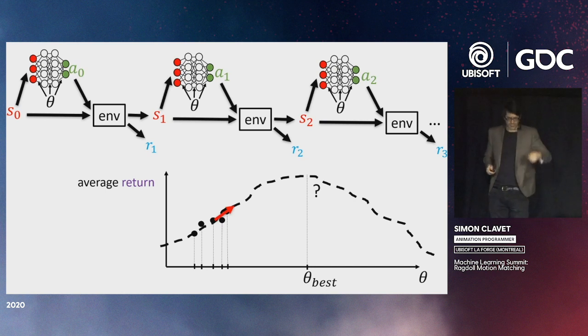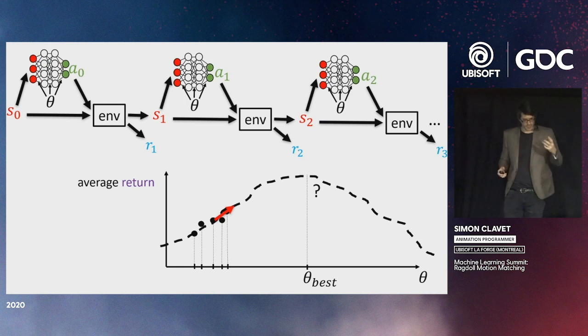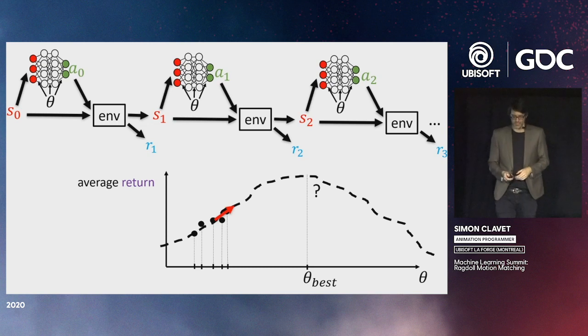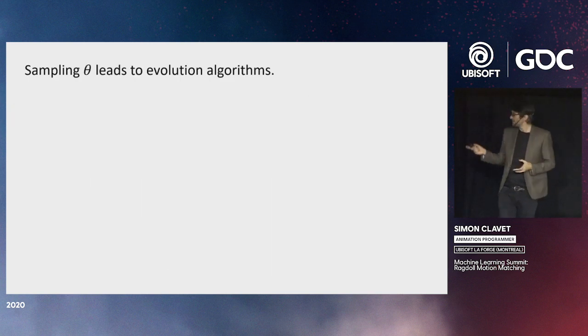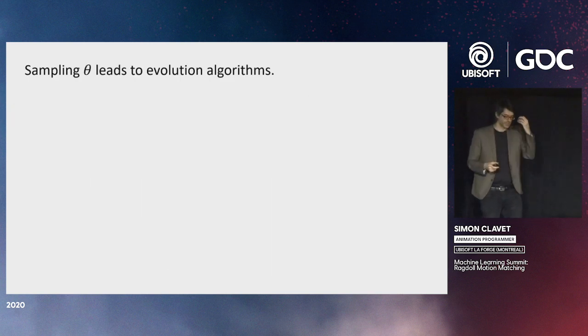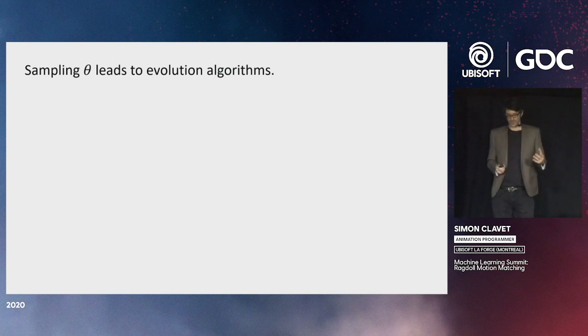So for this you can just, as I said, try a bunch of different policies. And the problem is policies are really neural networks, like it's parameters of neural networks. You can really try them randomly. That might be hard, but you can still try it. It leads to evolution algorithms. So that's what evolution is, trying different policies. You can do it with particle swarms or genetic evolution.